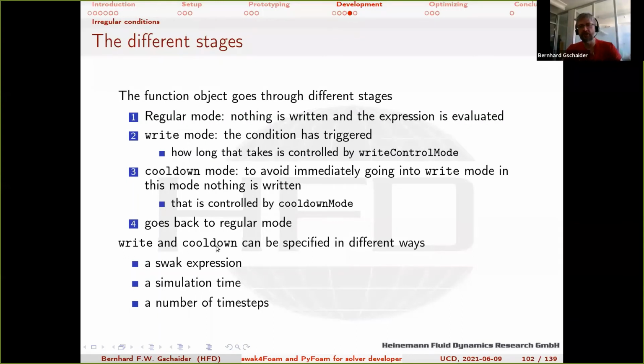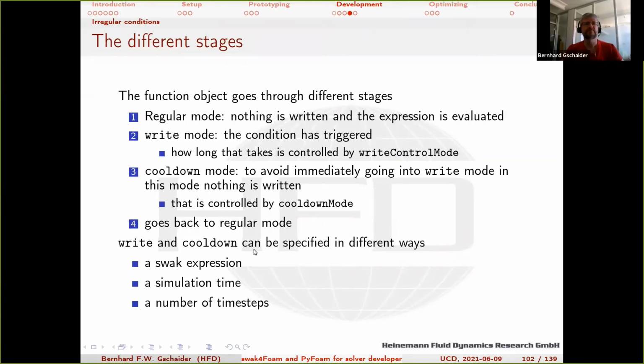For write and cooldown mode, you can either use a swak expression or a simulation time. You can say, please keep writing until the temperature dropped below this, for instance, or you can give a simulation time. You can say, simulate for 100th of a second, or just write the next 10 time steps and then go to cooldown.